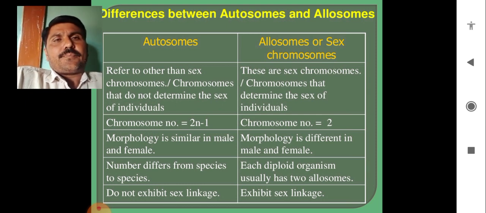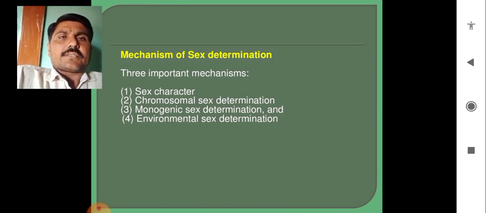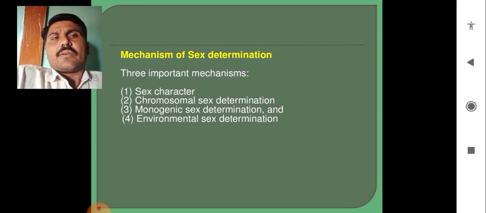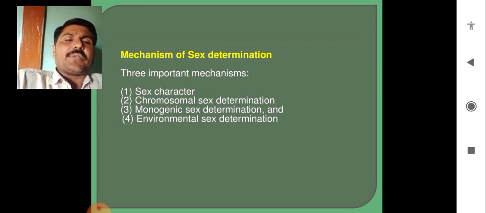Now, friends, in our next video series, we are going to talk about the mechanism of sex determination, which depends on some factors: sex character, chromosomal sex determination, monogenic sex determination, as well as environmental sex determination.